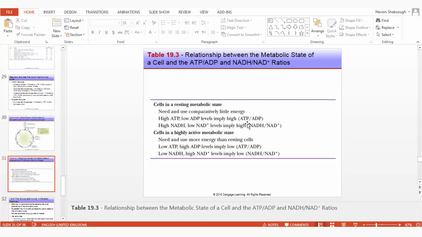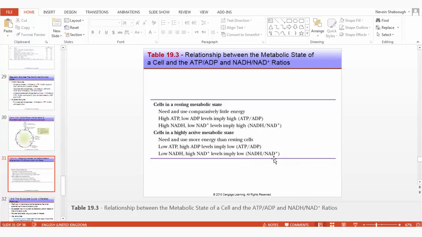When energy charge is high, this will shut down oxidative enzymes. And when cells are in a highly active metabolic state, consuming ATP, so low ATP and high ADP, and consuming NADH, so low NADH and high NAD plus, we have a low energy charge.